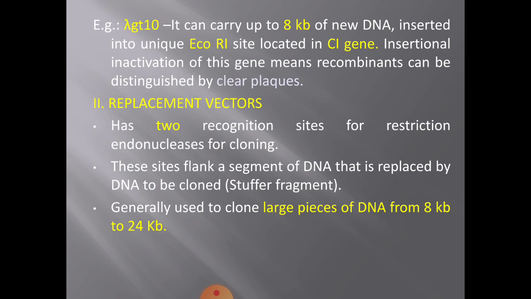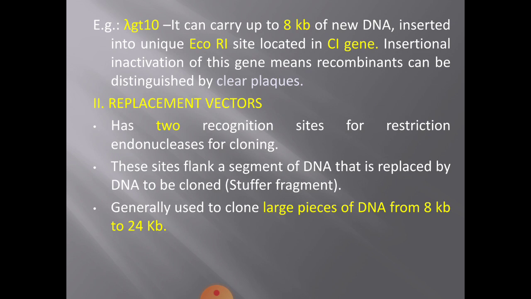So what is done in lambda gt? You will take the linear DNA molecule, you will identify the non-essential region. In that cI region at position 857, which contains the target site for EcoR1, a cut is made, digestion is brought about with the restriction enzyme EcoR1, and then in that place you will insert the DNA of your choice.